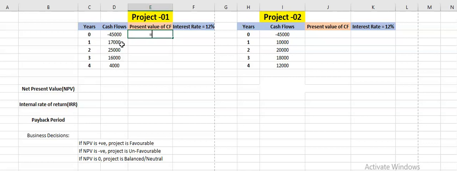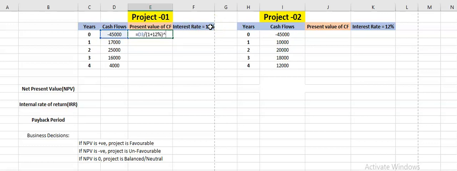How to calculate net present value? It is equal to the cash flow divided by 1 plus the rate of interest, that is 12%. Either select the proper cell or type 12% manually.